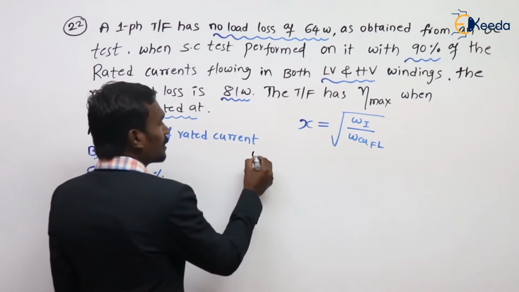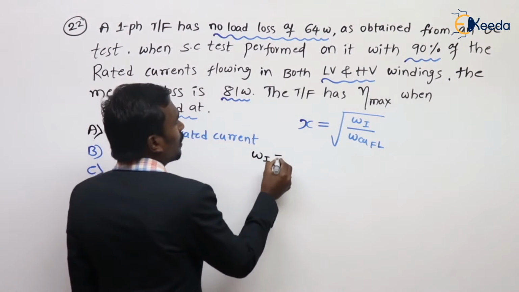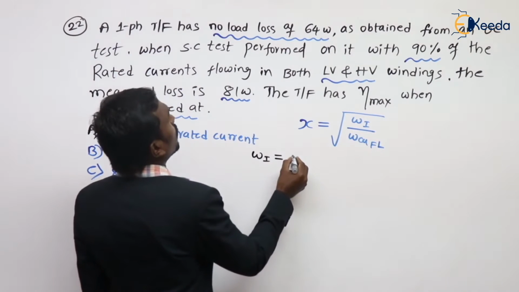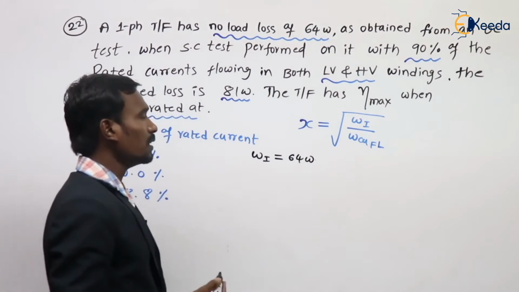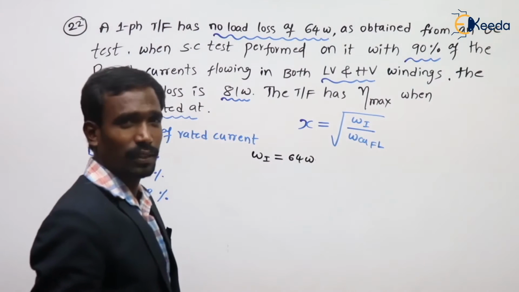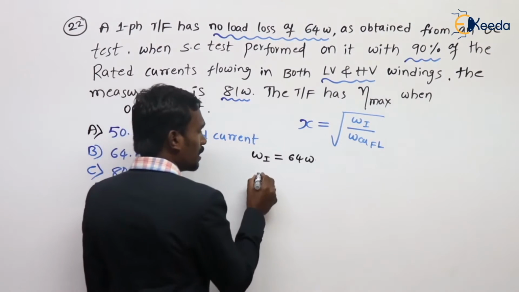They have given that the core losses, iron losses, no load losses are 64 watts. Now we want the full load copper losses. What is the formula?